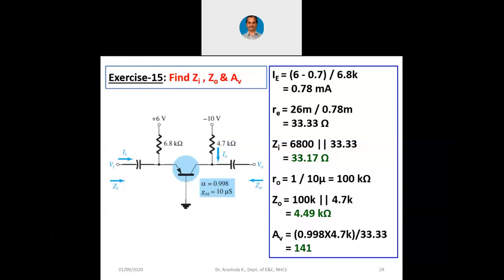So we cannot use the common base configuration as an amplifier at all, because input impedance is very low. Whenever we give a very minute or weak signal, that signal will get loaded because of the low impedance of the circuit itself. I was telling you that the input impedance of the amplifier must be very high, because the amplifier should not drain any energy from the input signal.